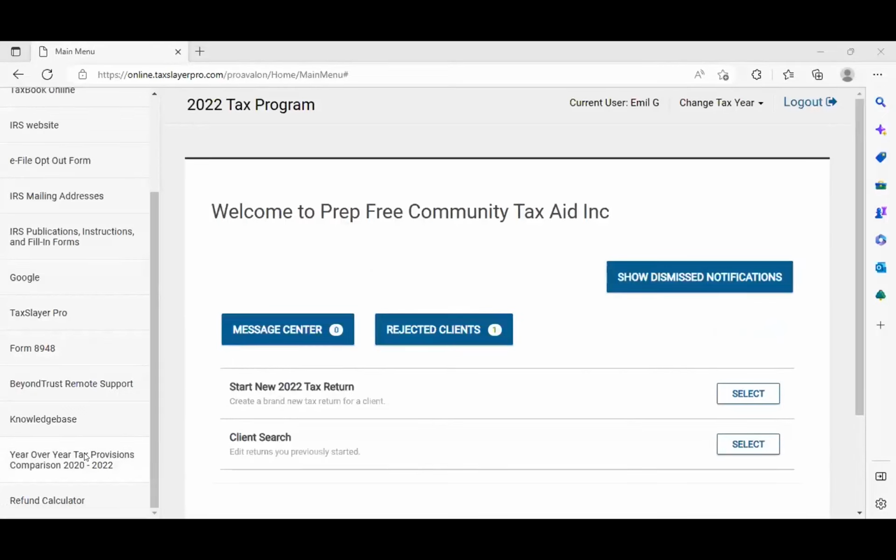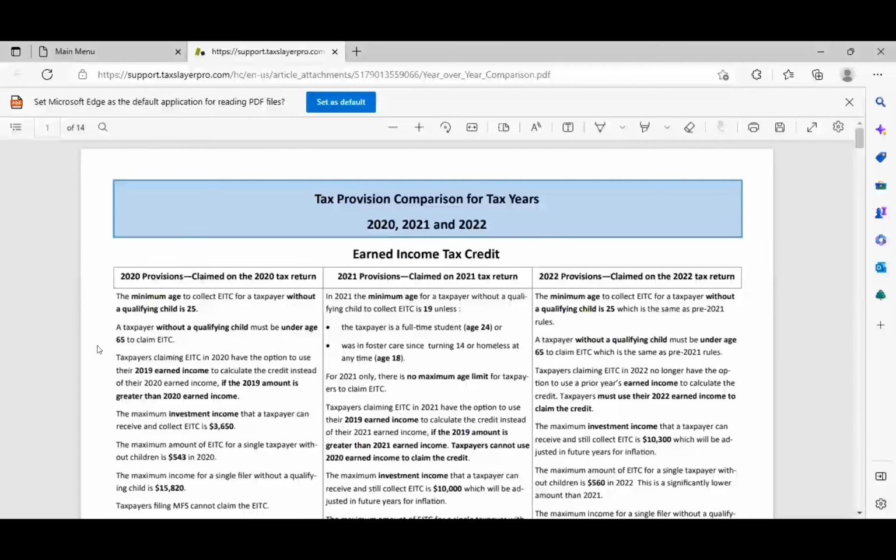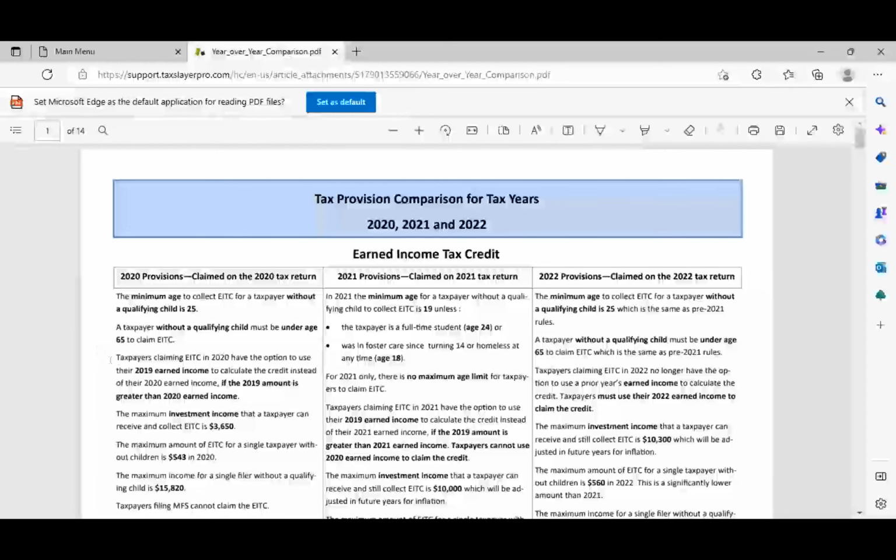helpful item that TaxSlayer provides is, as you can see, it says here the 2020 to 2022 tax year-over-year tax provisions comparison. So they take in various tax topics, and let's do it here. And they tell you what the rules are when it came to the earned income credit 2020, 2021, 2022.